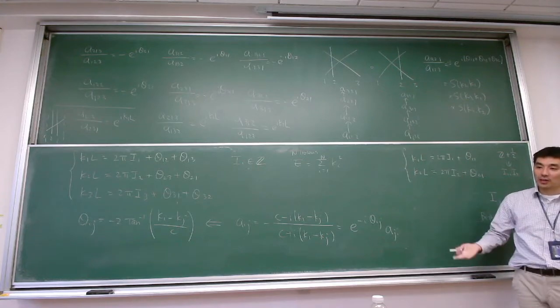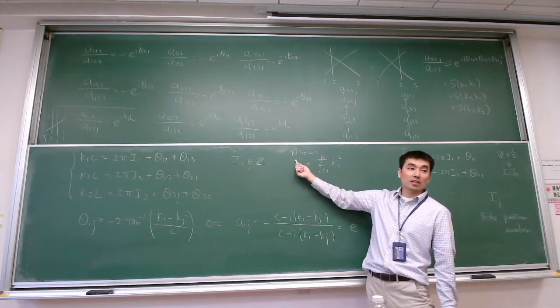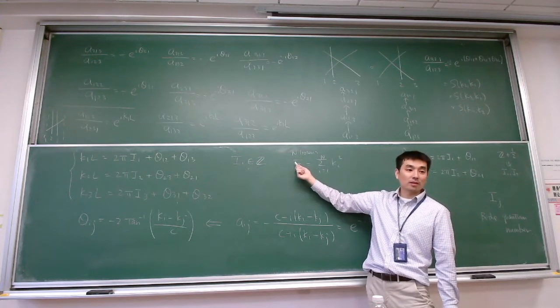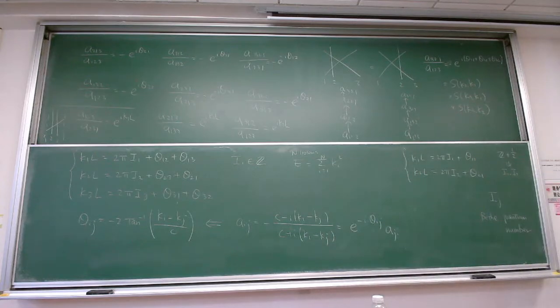You get k1 and k2, plug them down into here, and you get the energy of the system. That's how you solve this delta function problem.